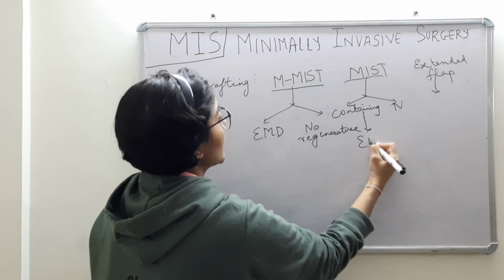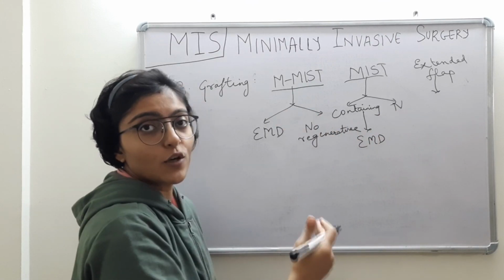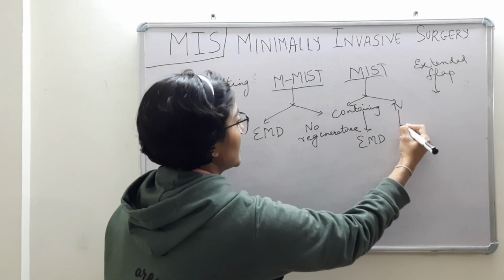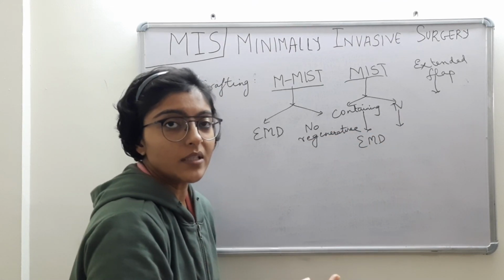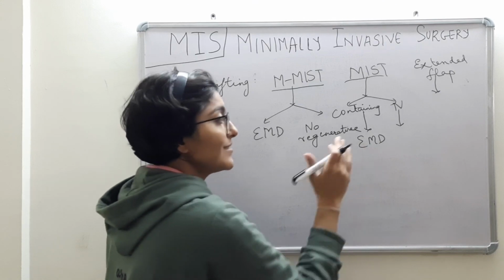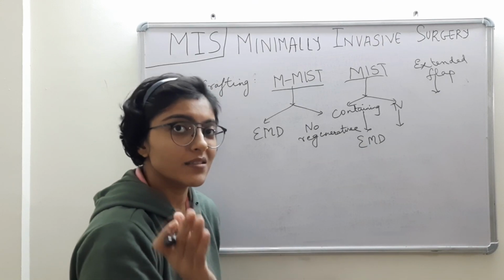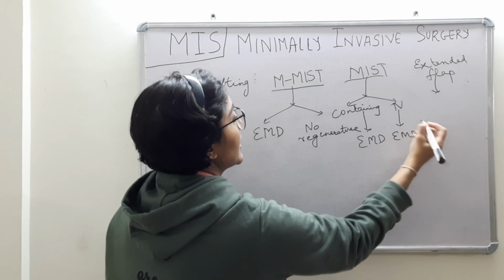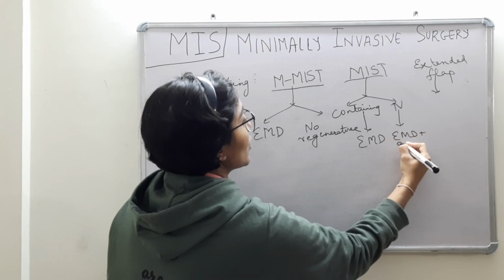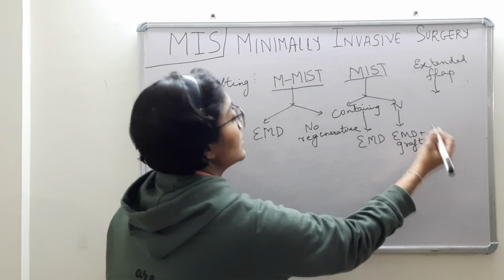If it is containing, endogen is the material of choice. If it is non-containing, it means we have to add some other material so that this endogen stays in place.